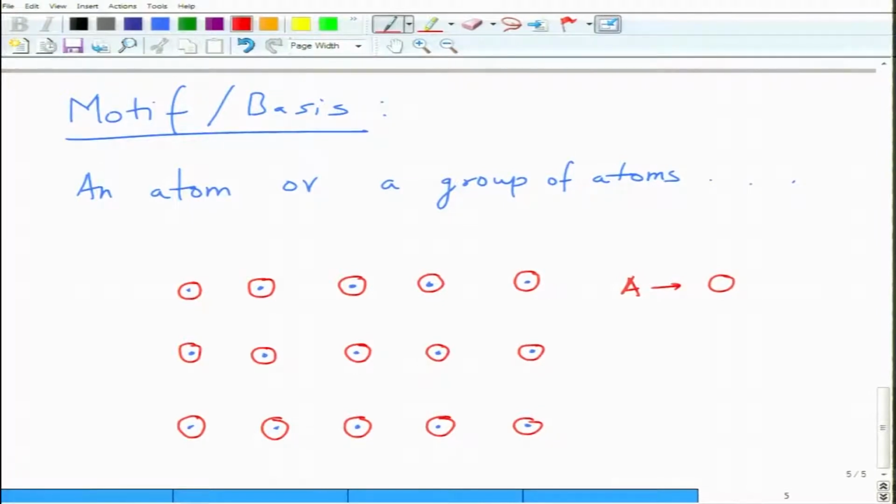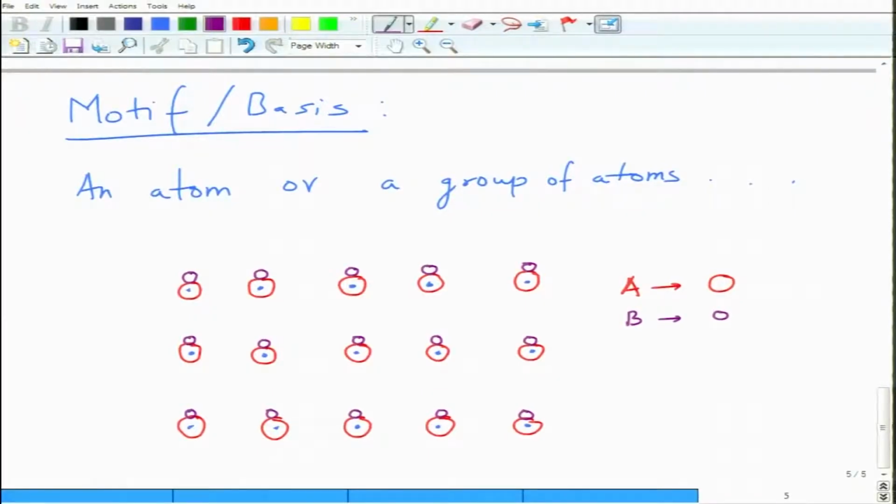Now it does not need to be like this. For the sake of modification, I can convert this A into a molecule. So, for example, if it was a molecule like this, this is a B atom which is attached to A. B is the smaller one.